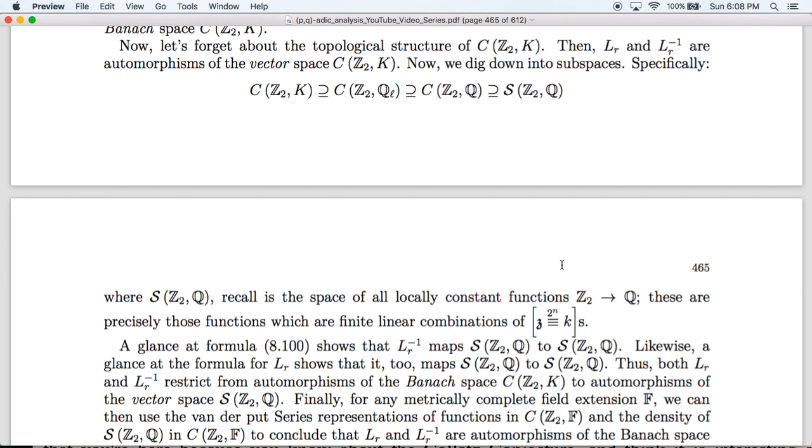So we've shown that LR can be inverted when we're working over finite linear combinations of indicator functions.